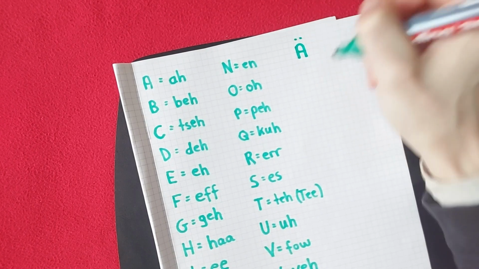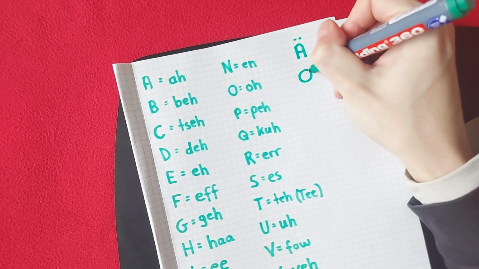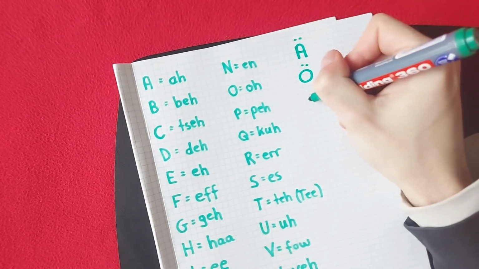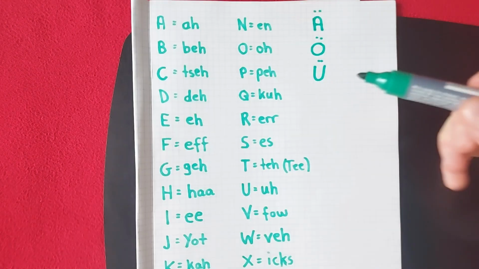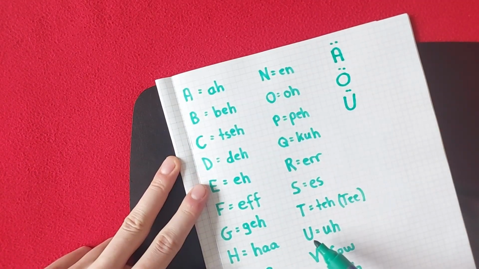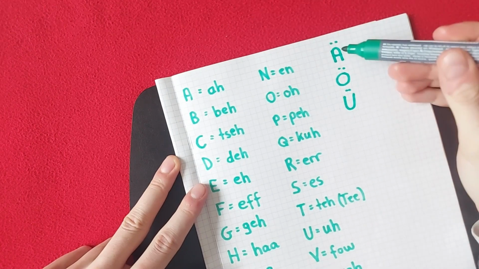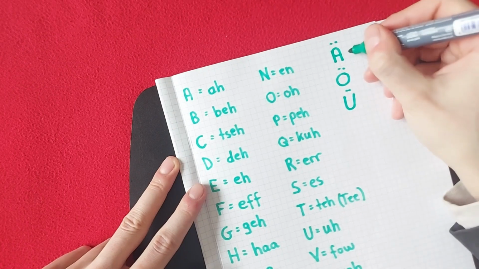So in German there is also Ä, Ü, and so it's already the existing letters A, O, and U, but always with two points at the top.